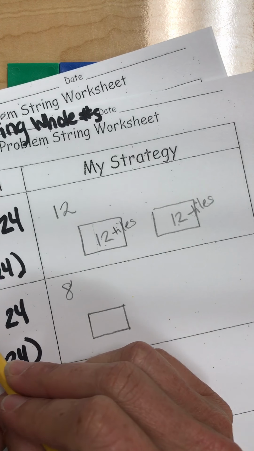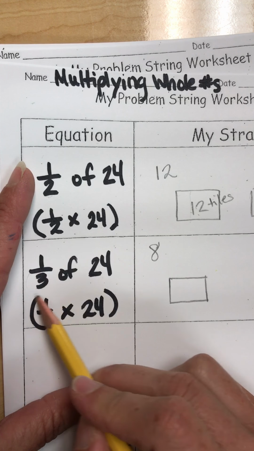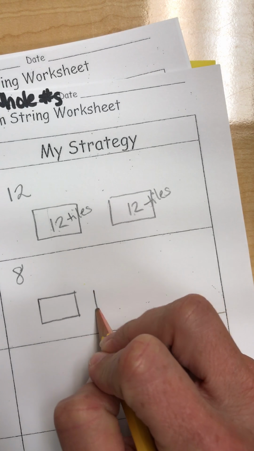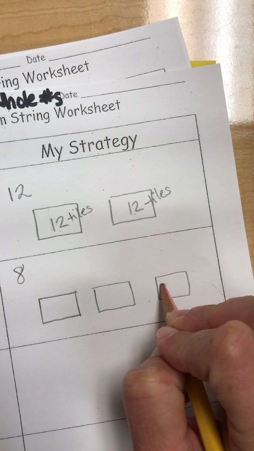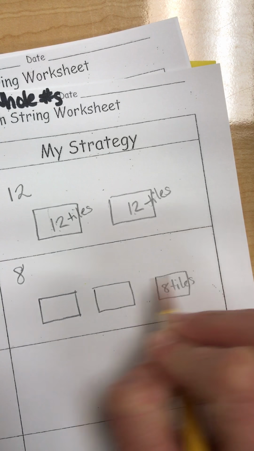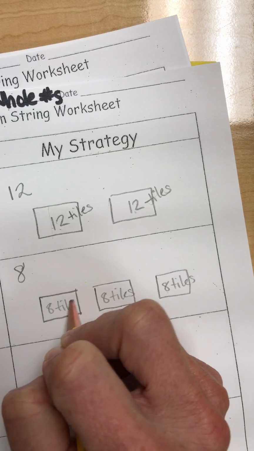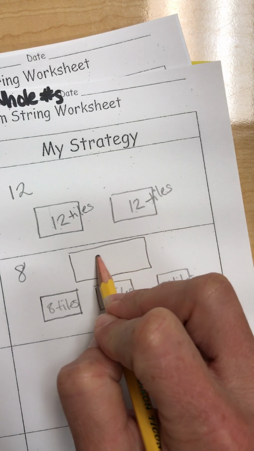Actually, I multiplied it by a fraction, right? I multiplied it by 1/3, which is the same thing as saying I divided it into 3 equal groups. So I then had 3 equal groups of 8 tiles. Because I started with 24, I had one whole group of 24.